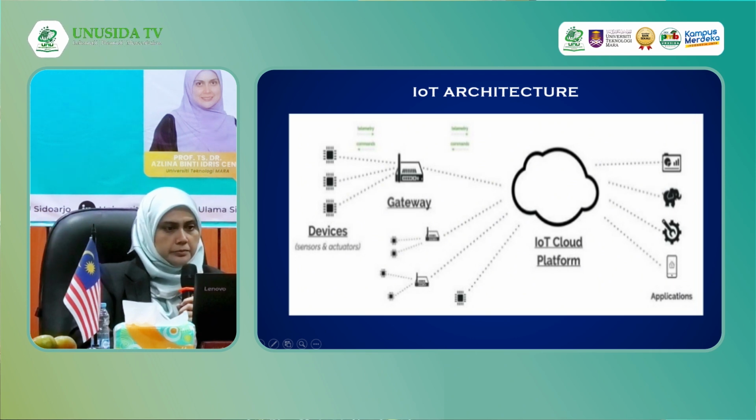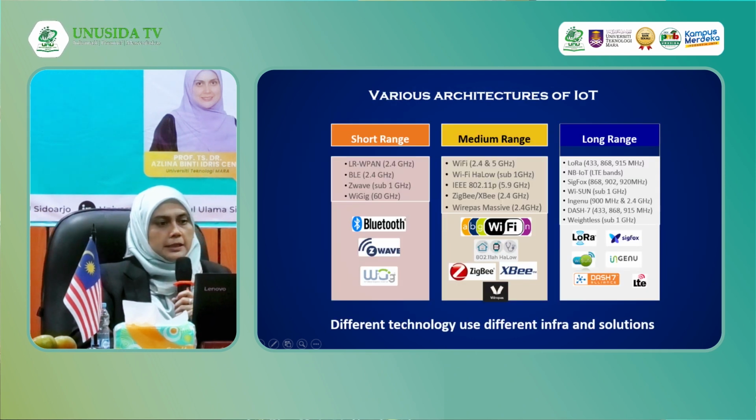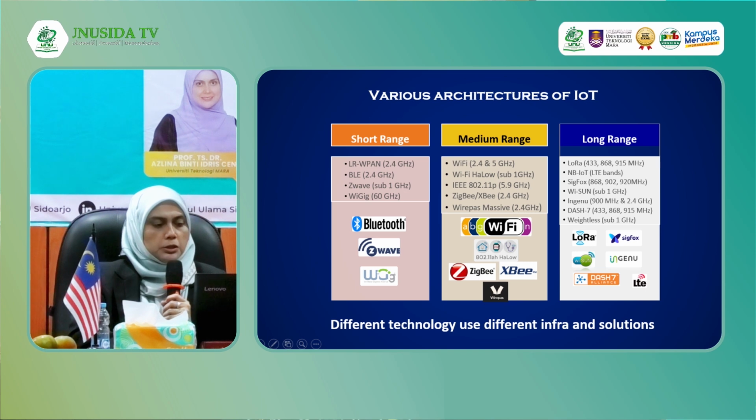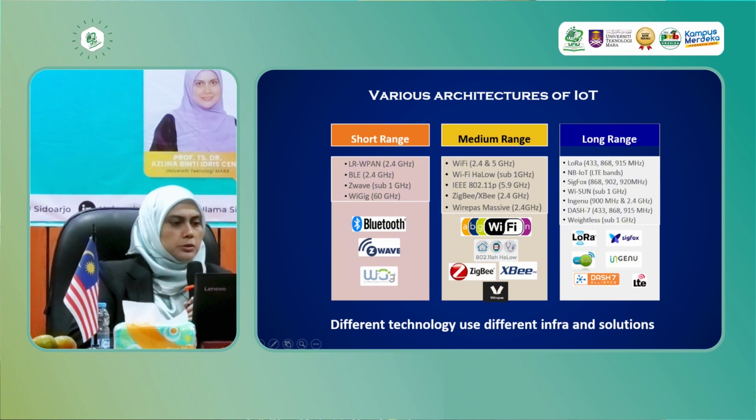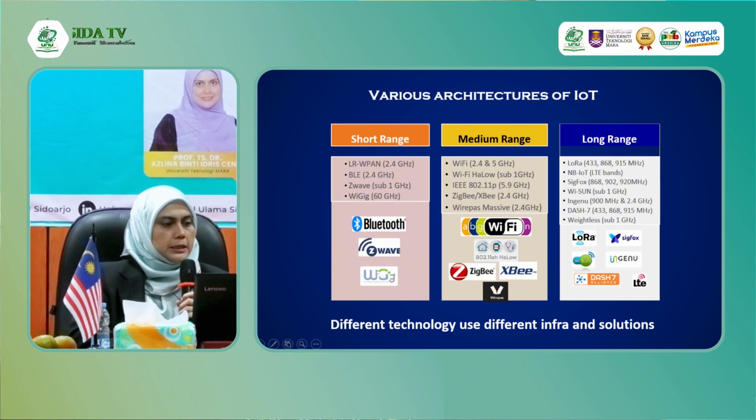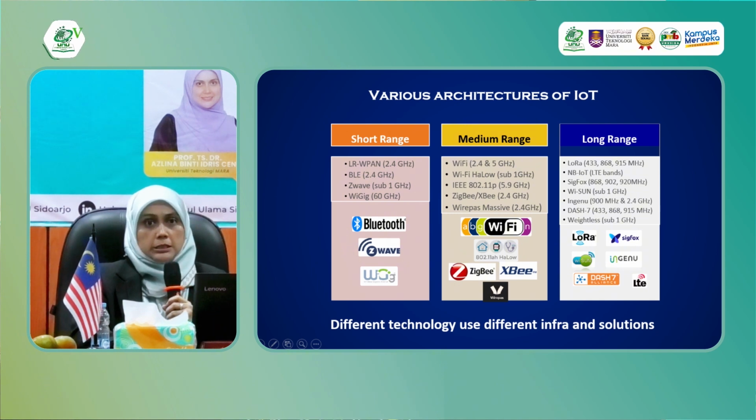Okay. So there are various architectures of IoT: short range, medium range, and long range. For short range, normally we use LoRa, LRWPAN, BLE, Z-Wave, and WiGig. That one is for short range. For medium range, normally Wi-Fi, IEEE, ZigBee, and wireless massive.